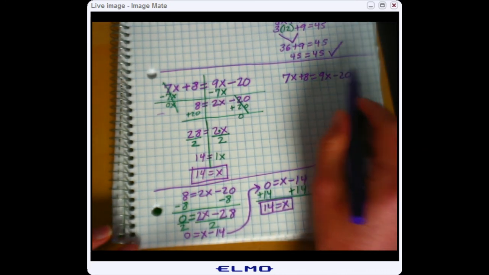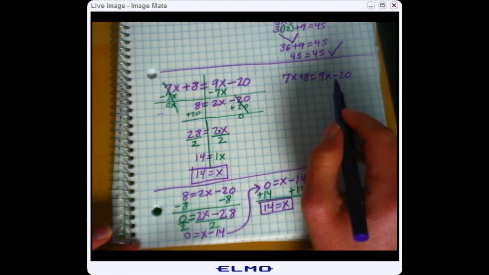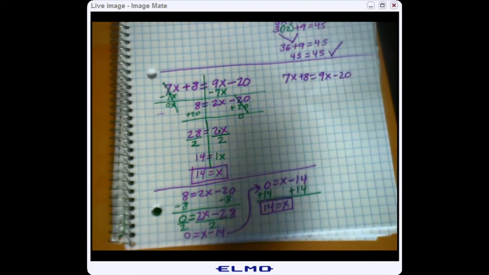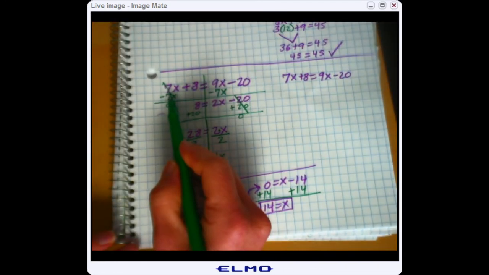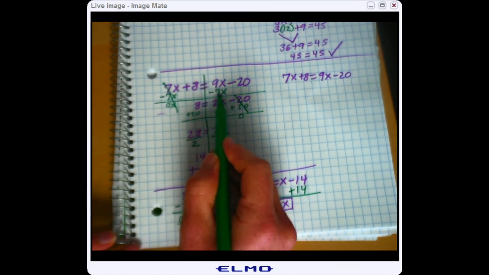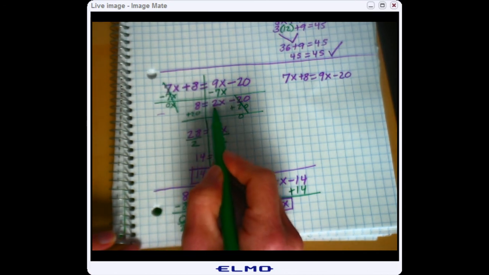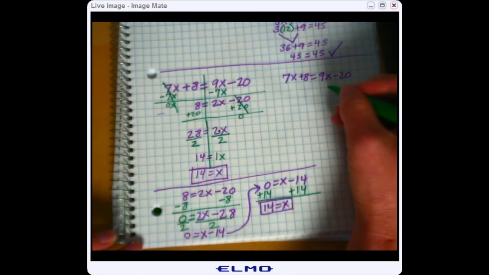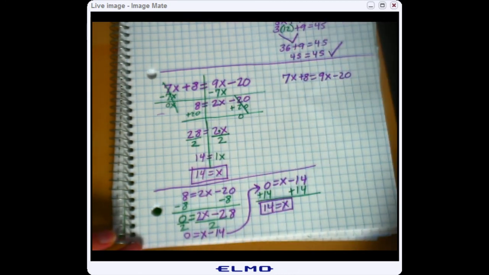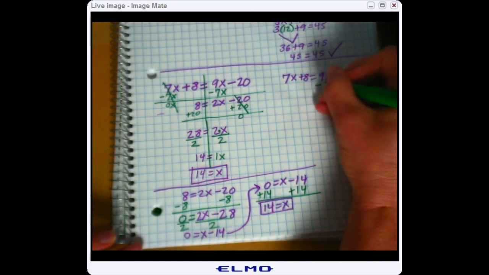I also know that a lot of times in the past, teachers have always taught you to move your variable to the left. But since equations are equal on both sides, it really doesn't matter if your variables are on both sides. That's why I subtracted 7x originally, because by subtracting 7x, I ended up with a positive number for my variable. If you're someone who always likes to move your variable to the left, there is absolutely nothing wrong with that.